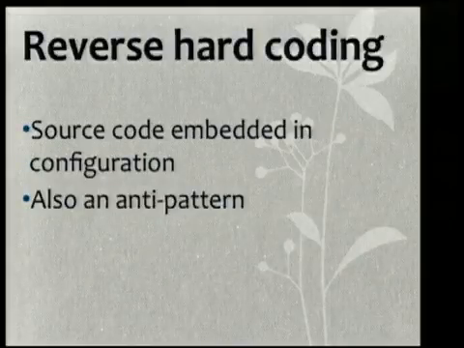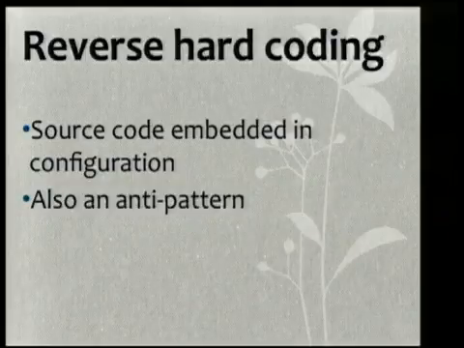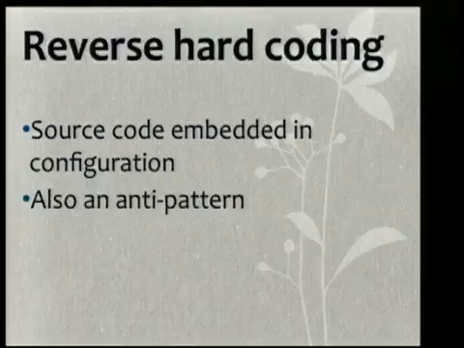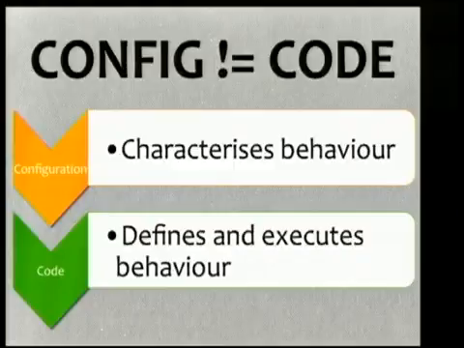So source code that is embedded in configuration is also an anti-pattern, because you have to consider testing. You have to consider debugging. When your user actually files a bug in your issue tracker, then you will have to ask him, can you please send your whole configuration along? Which is actually quite tricky. But configuration is also not code.